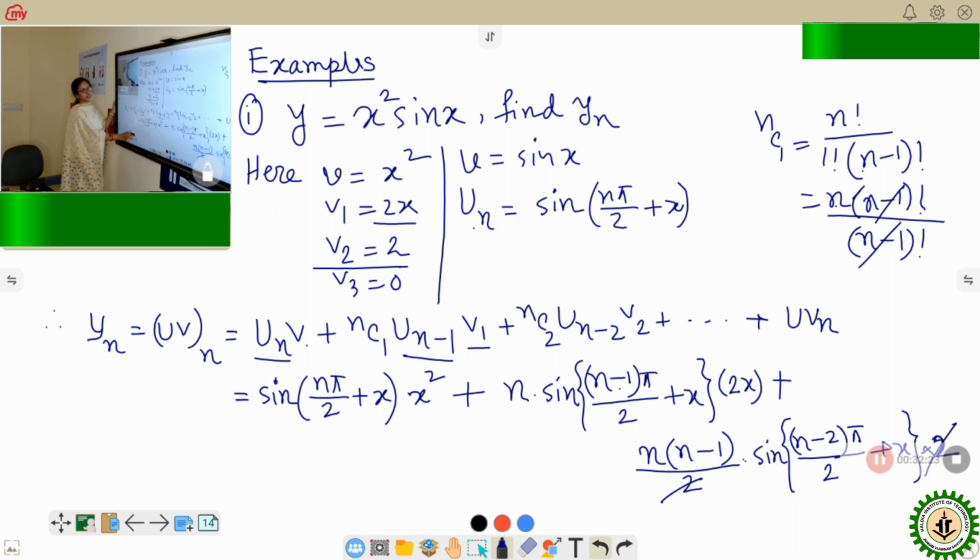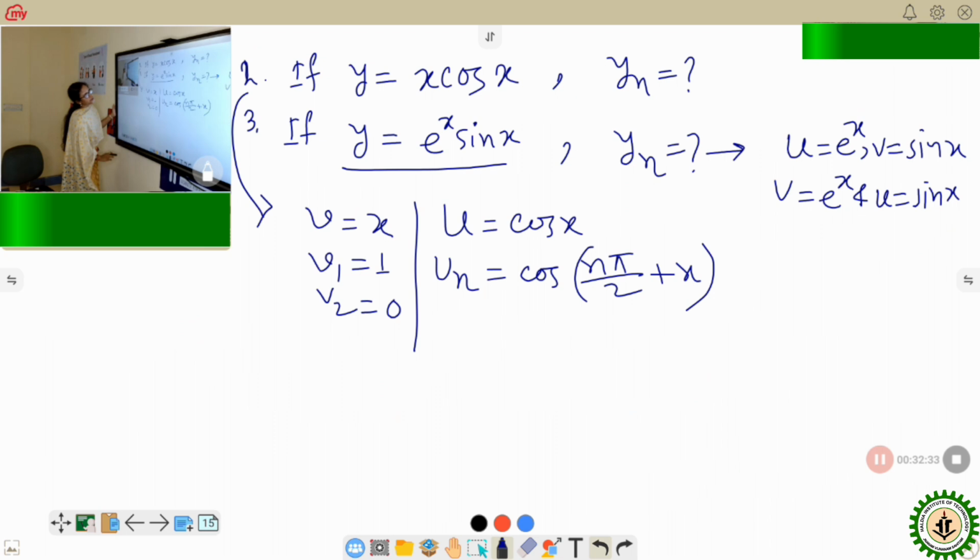So this is the process to apply Leibniz theorem in any problem. Very simple. Just like this, we can look at some other examples, like if y equals x cos x, what will be yn? First of all, we have to remember the Leibniz theorem formula particularly. Here the same u and v concept applies.